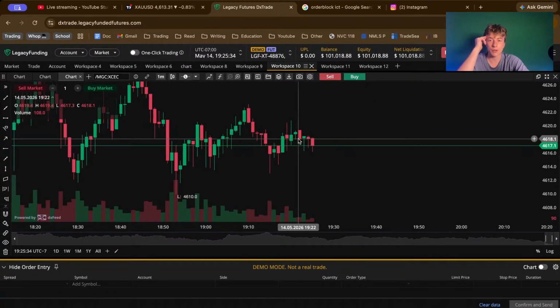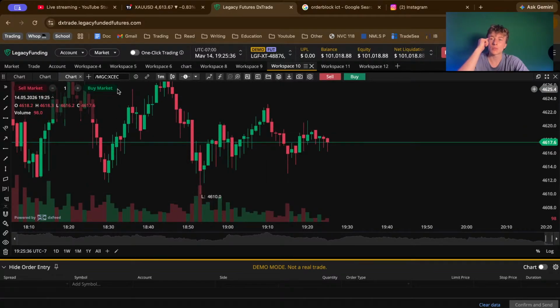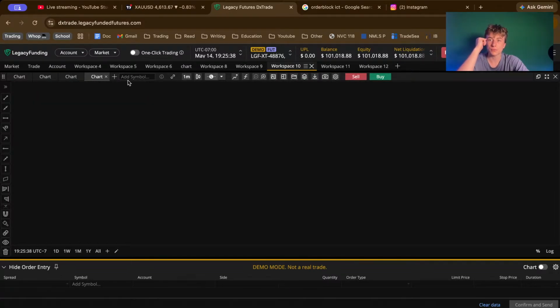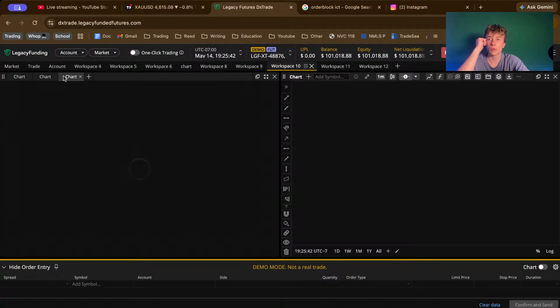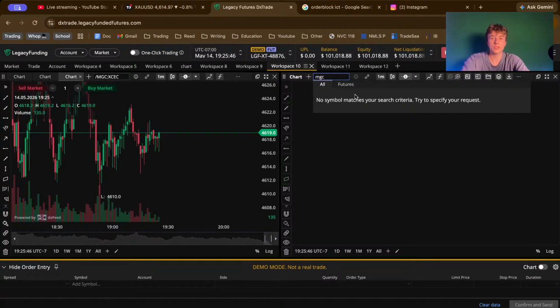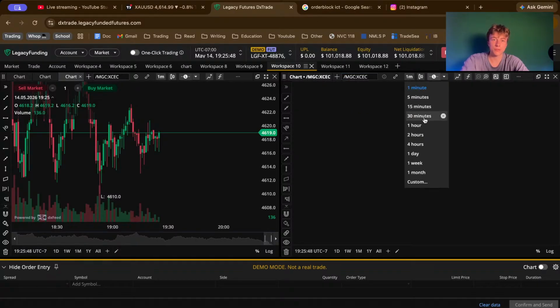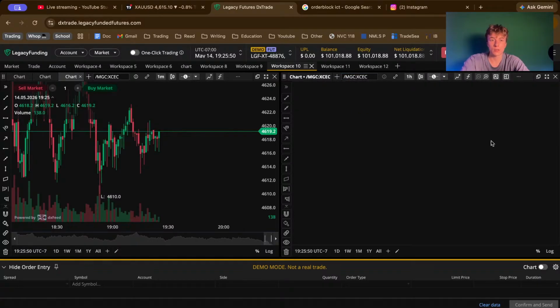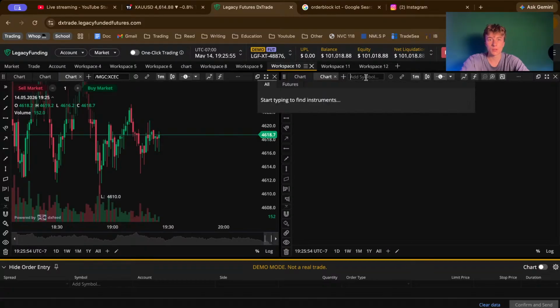I always do this. I get rid of the stuff and then I split up my screen. So chart, put that on the right side, and now we will be looking at 2 charts here. MGC, and we can pull up like the 1 hour time frame over here. All right, I think I have to open up a new one.